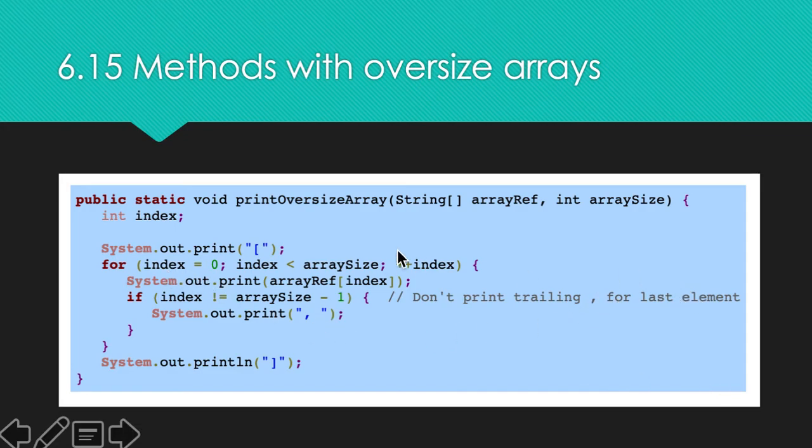Print oversized array method uses array size, and the array reference index is printed out. So it will compute as long as the maximum.